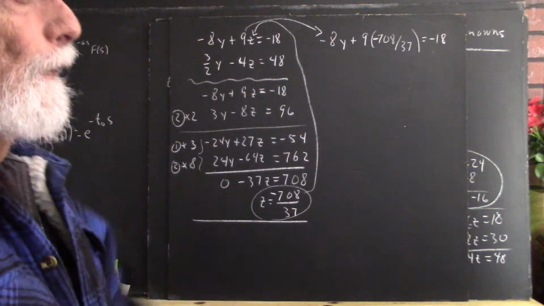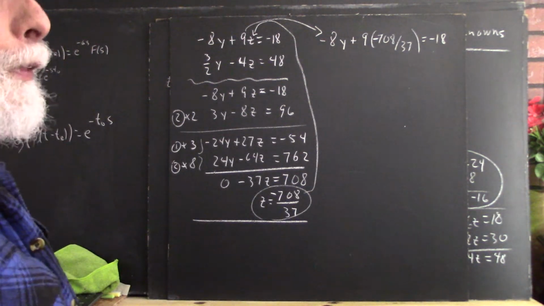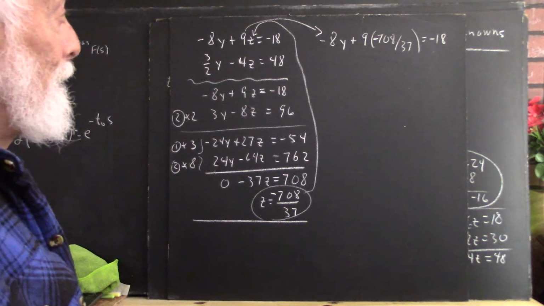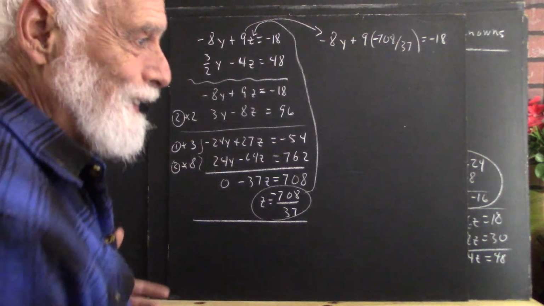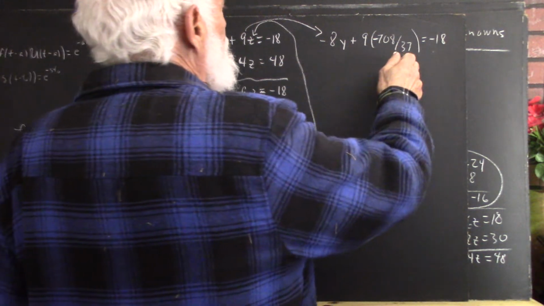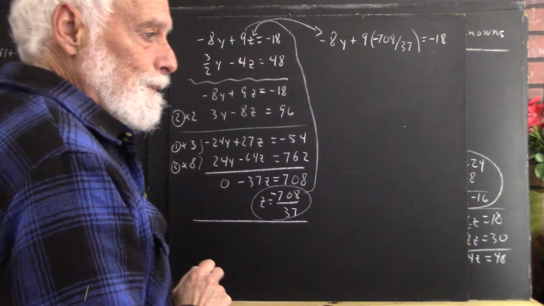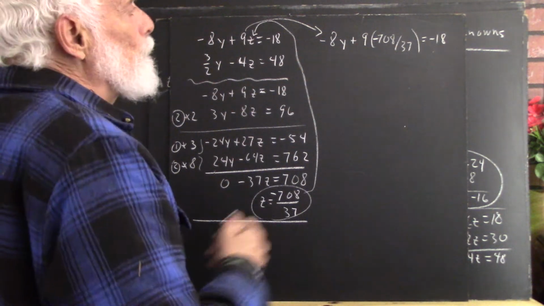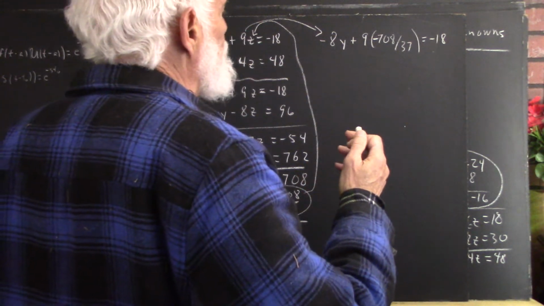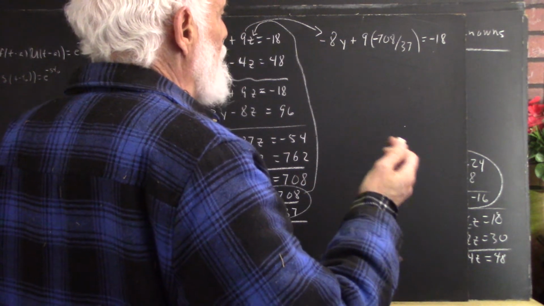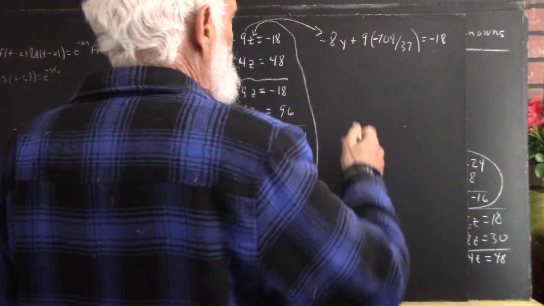Now I don't want to deal with a fraction, so I'm going to multiply everything by 37, giving me another chance to make a stupid mistake. Okay? An arithmetic mistake. But 37 times 8 is 40 times 8 minus 3 times 8, which is 320 minus 24, which is 296.